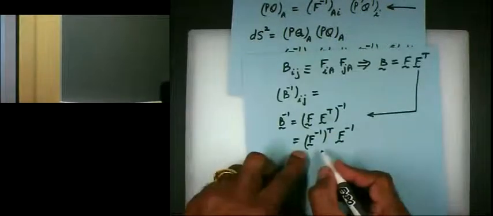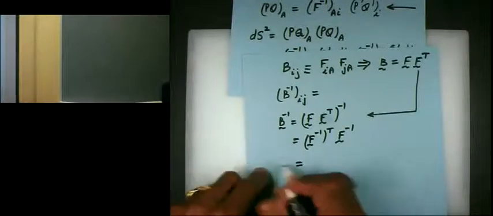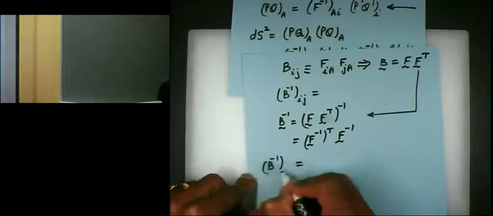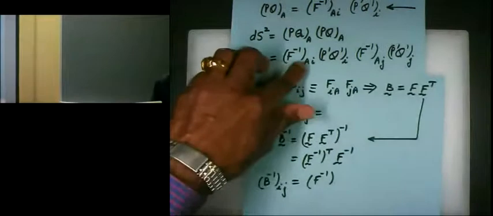So now if you write this in terms of indices, I have B inverse_ij. So the first index on F inverse is AI, but we have transpose now. So this is F inverse transpose.